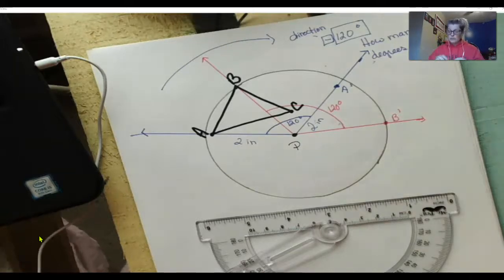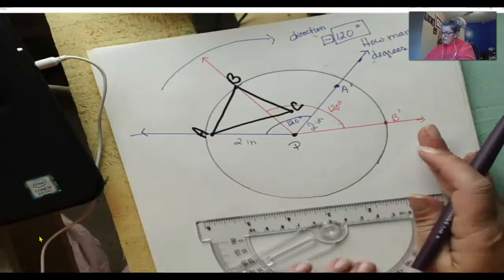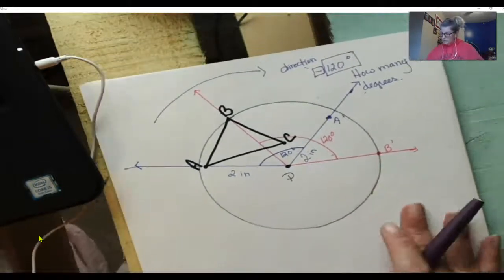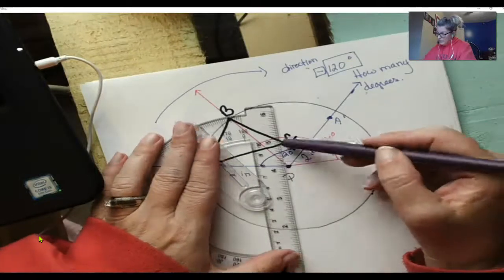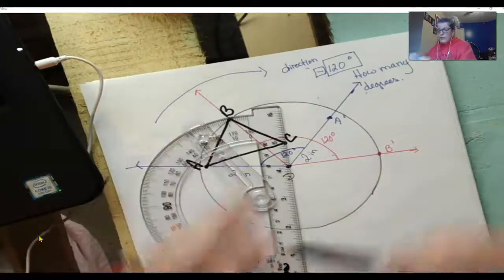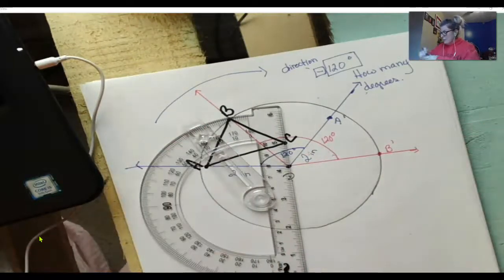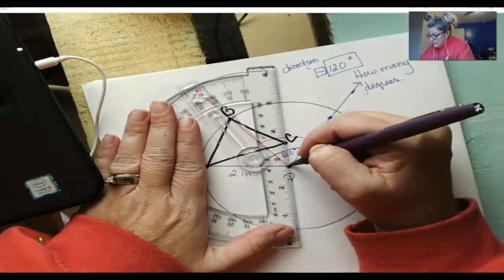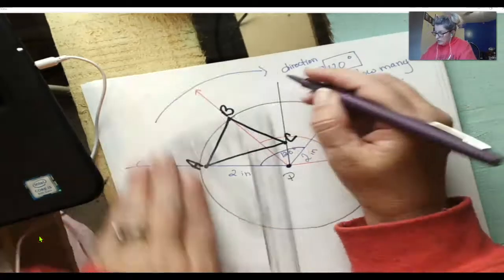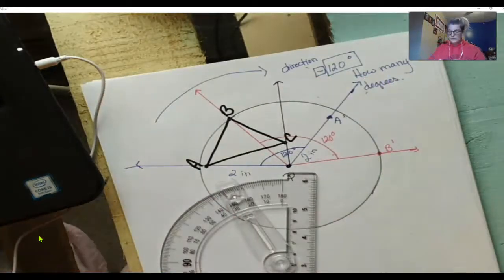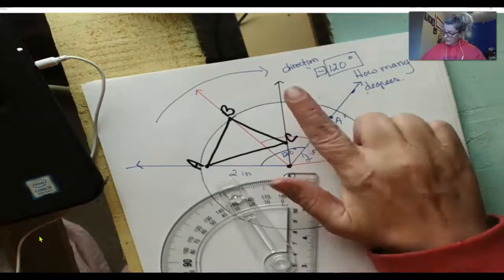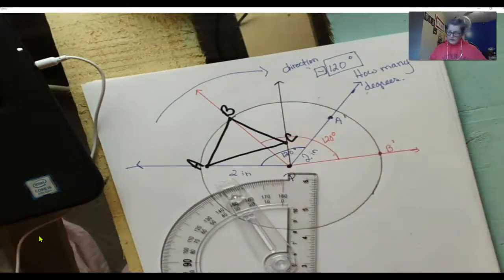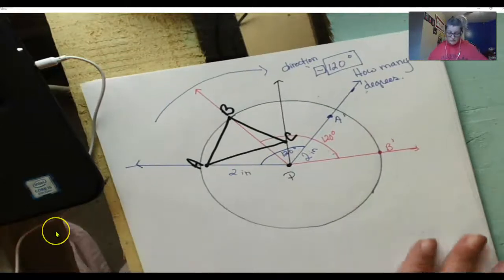Okay, so let's do C. I'm going to do C also as a circle. So I'm going to start from P to C, draw that radius, and then I'm going to extend it so that I can see it better as my guideline. So there's my radius, but I'm going to make a full ray. I'm using a dark purple. I don't know if you can see that color or not. So I went through here, and then I'm going to do a circle because why not?